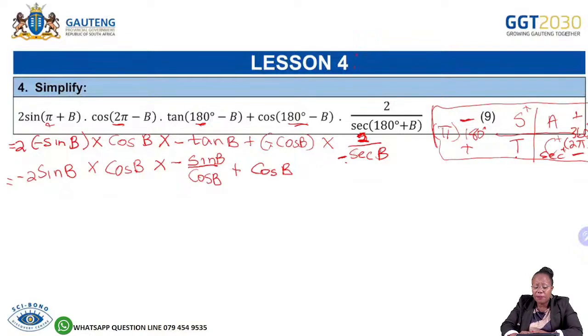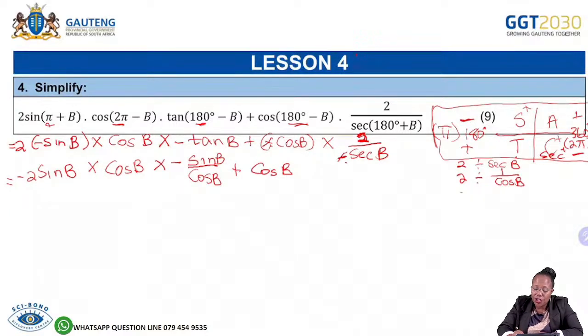And then now let's simplify this one, grade 12. Remember, a negative and negative, we have already multiplied that one, it is no more there. We are left with only 2 divided by sec B. So this is the same as 2 divided by 1 over cos B. It's a reciprocal.